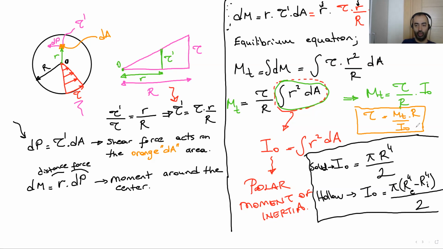So here the unknown is I0 for the solid and hollow sections. You can see the I0 values in the black box at the bottom. You have to know this one, by the way. You have to know this equation. We are going to make examples, but we have to know this one. And you have to know these polar moment of inertia equations.